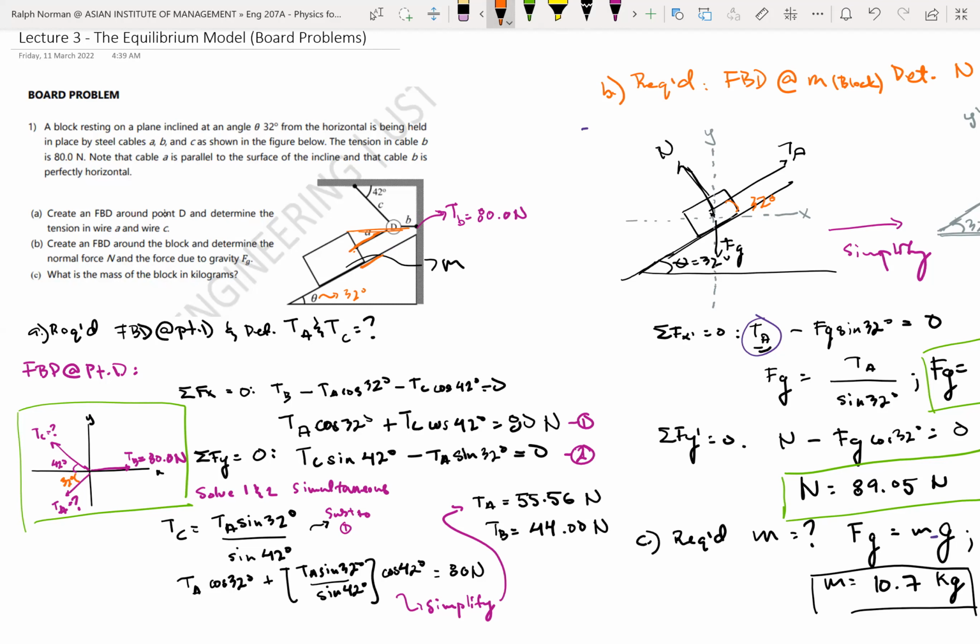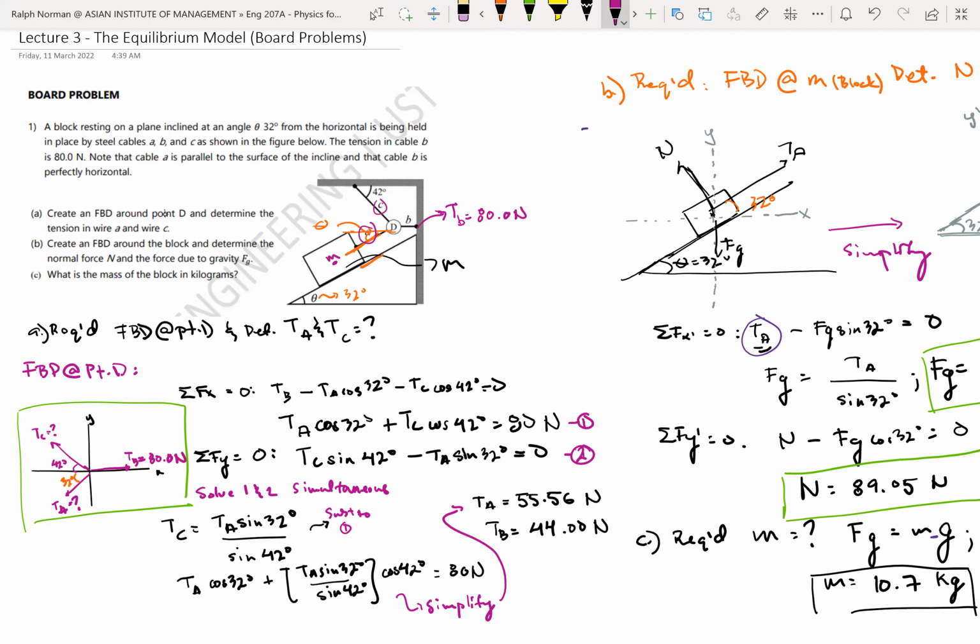And it's also important na you can actually do yung angle niya rin dito. This one should be equal yung theta provided rin. Okay? And cable B is perfectly horizontal. We're asked to build yung FBD at point D and identify yung tension ng A, which was this one, and C. And B naman, to create yung FBD around the point block M. This point is as point M na lang.